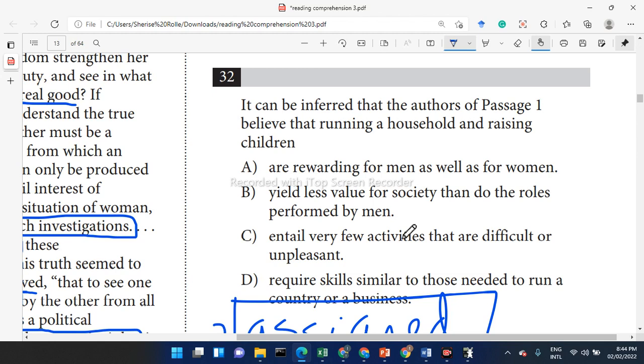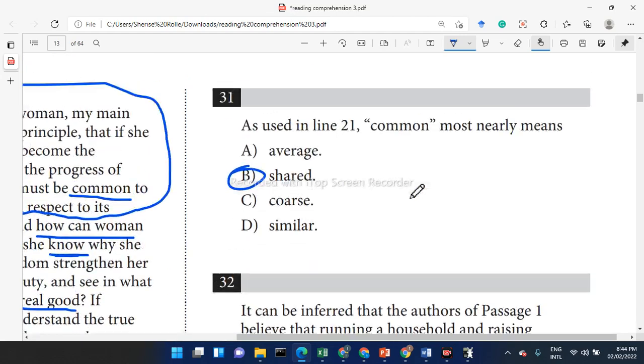I don't know. I think D. So what does he believe about running a household and raising children? Do you think he believes that they are easy or hard? Hard. Let's look at lines 25 to 30.